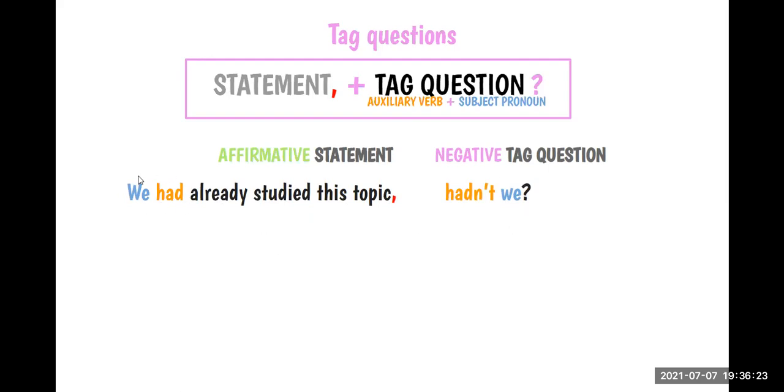As you can see, the affirmative statement that we have here with affirmative verb and the tag question is a negative, right? We use exactly the same auxiliary verb, but we change the position, okay? So the auxiliary verb goes first, and after that, the personal pronoun or the subject pronoun.